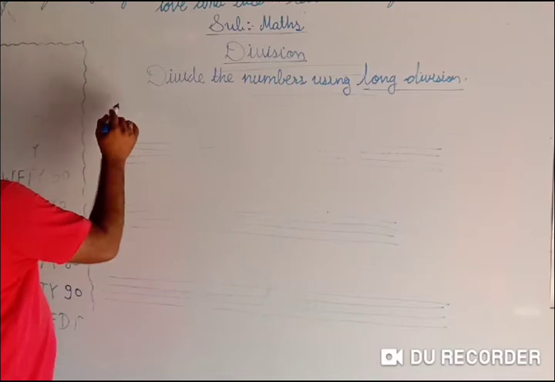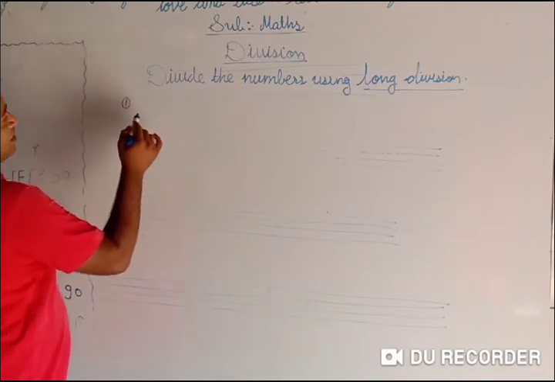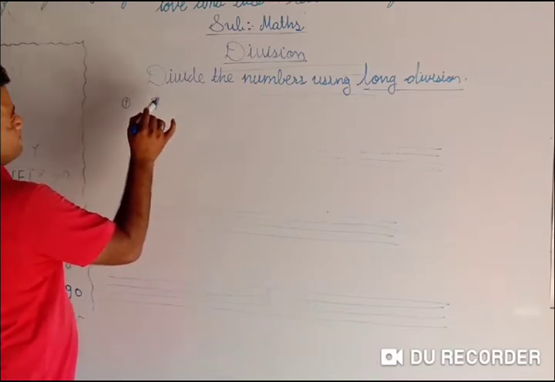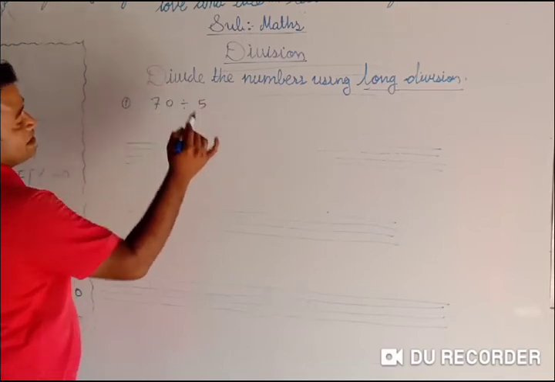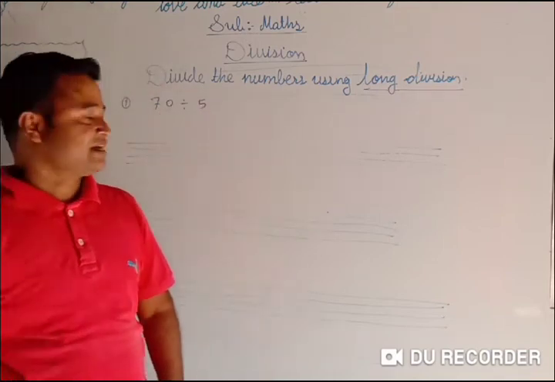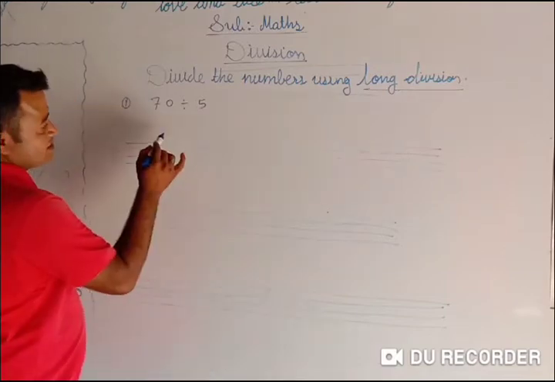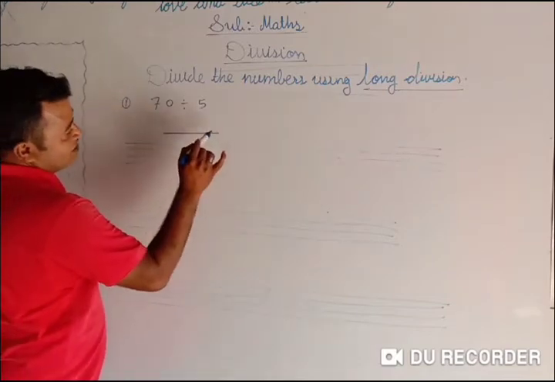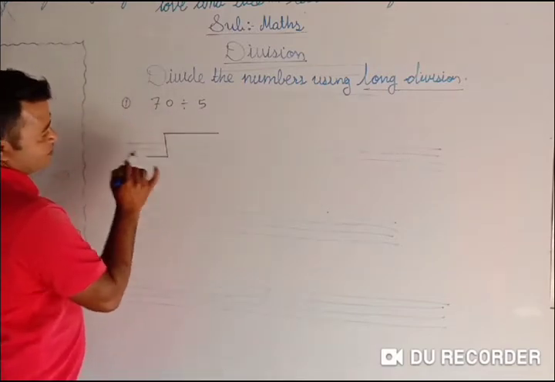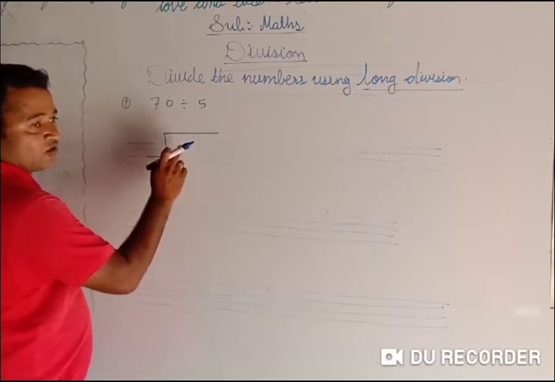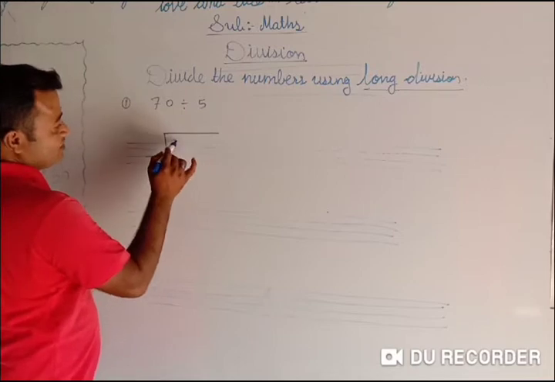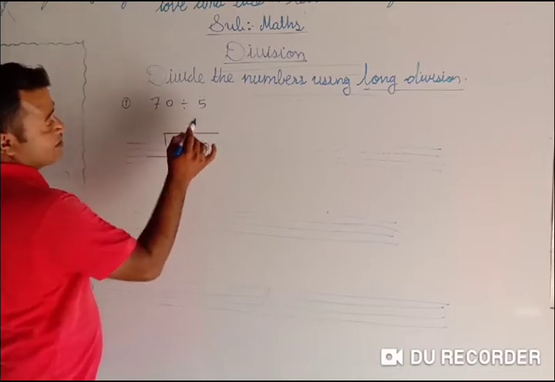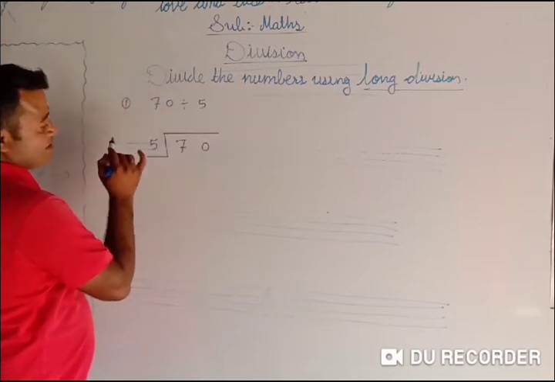My first question is 70 divided by 5. Let's understand it. This is the symbol of long division, you can just have a line. Here I always write the number which I have to divide, that is 70, divided by 5.